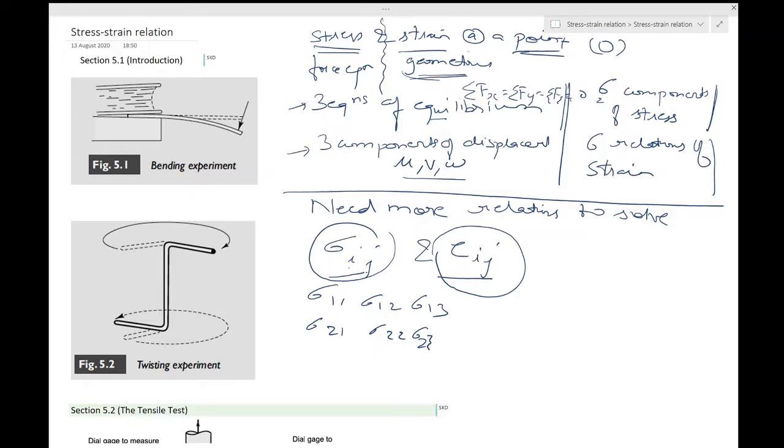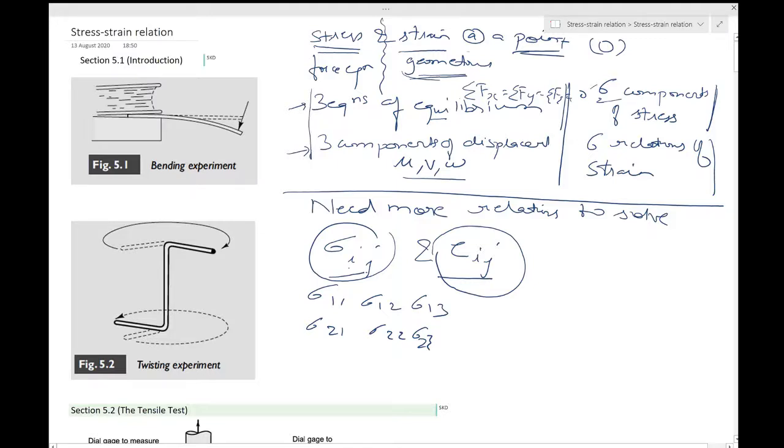So you need more relations, because there are only 3 equilibrium equations. You have to find 6 stress components, there are 3 components of displacement, and you have 6 relations of strain to find out. So you have lots to find and less information available: 6 things known and somehow 12 things to be found out.